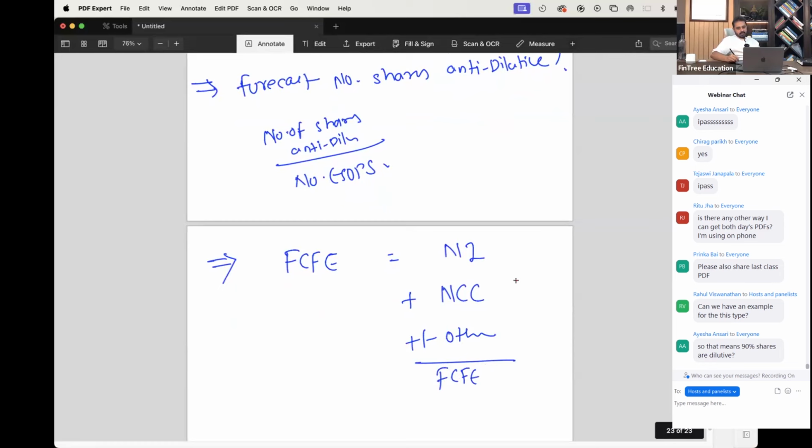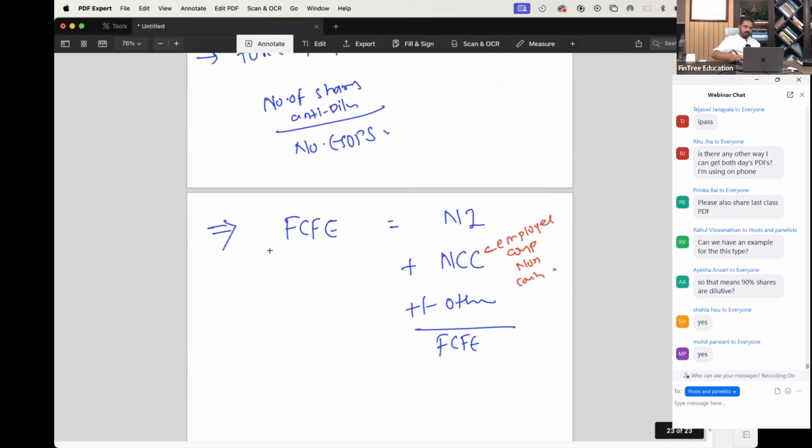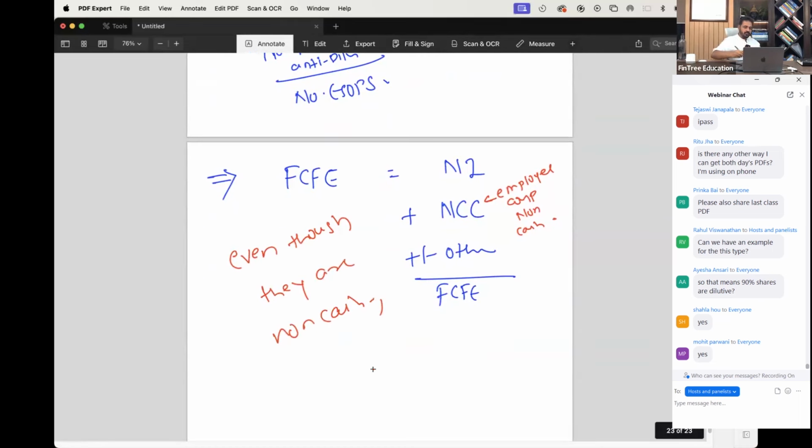Now, is employee compensation non-cash? Yes, the ESOPs or number of shares issued. The curriculum says, even though they are non-cash, treat them like a cash expense for FCFE purposes.